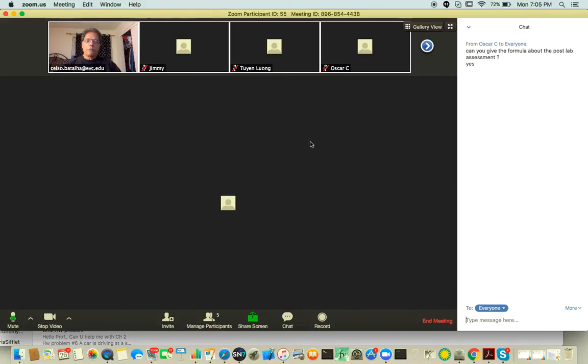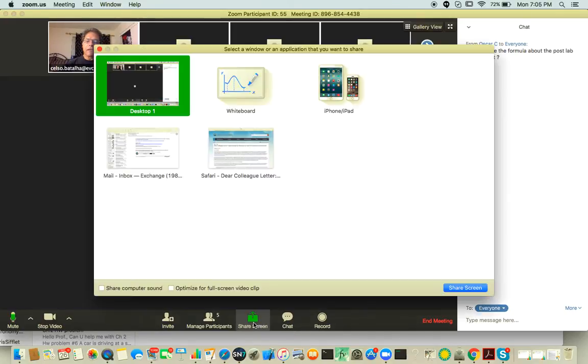If you place the cursor on your screen and bring it down to the bottom, you have a green folder with an arrow on it saying share screen. You can click on it and show some window or some problem you were working on, and then I can help. I can see what you're doing.